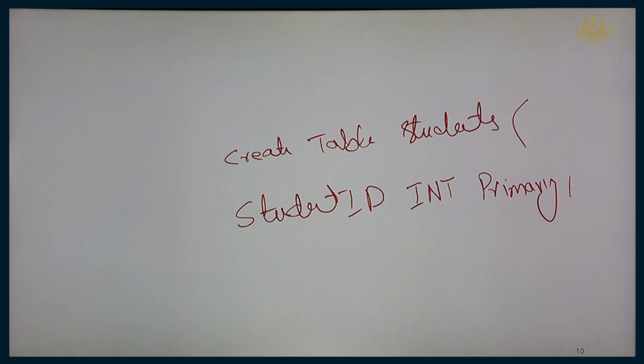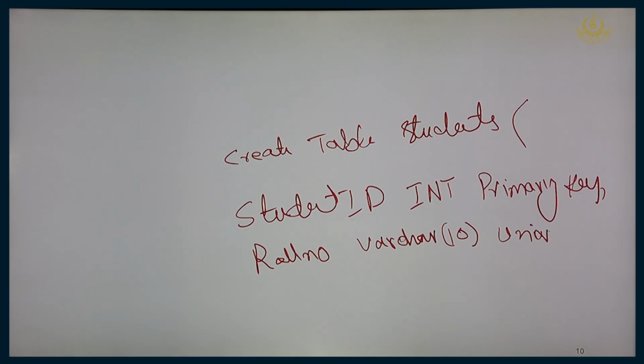So this keyword shows that there can be some other attributes, but the primary key should be student ID. There is another attribute, roll number, and we give its type variable character of length 10. We can mention the unique attribute with this.